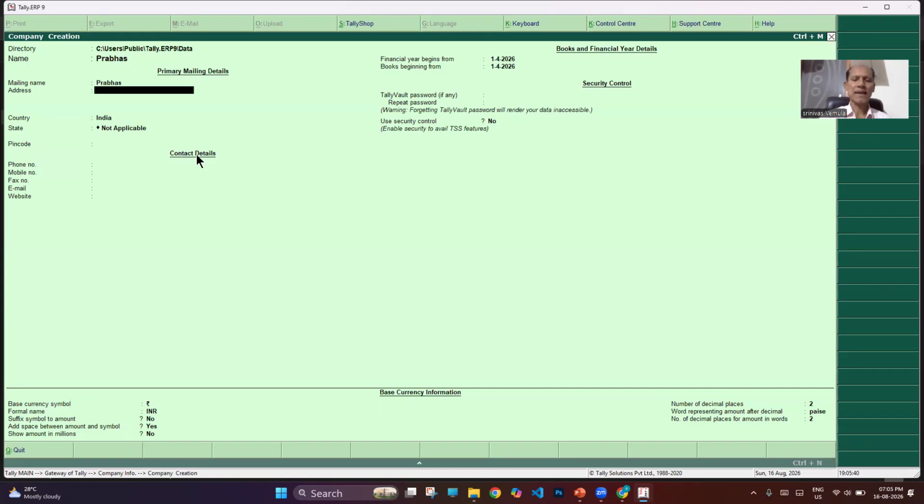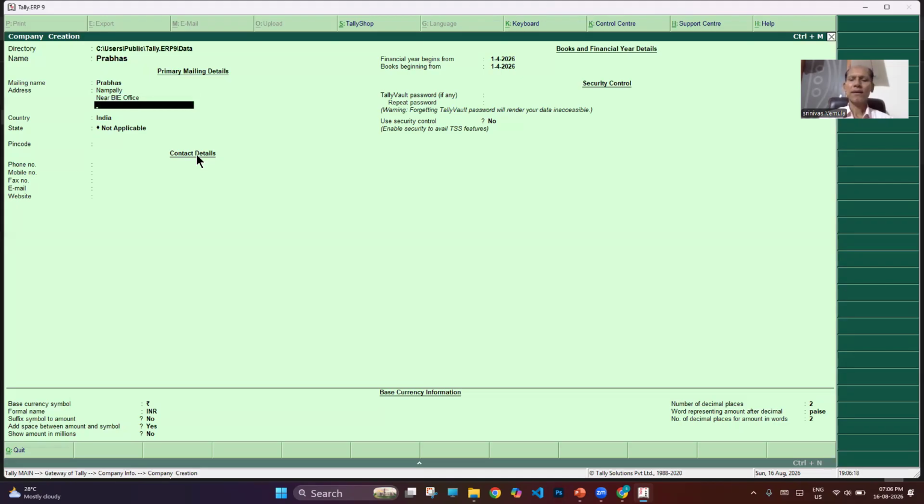Enter, and address: Nampalli, near BIE office. Okay, enough. We may enter the full address.